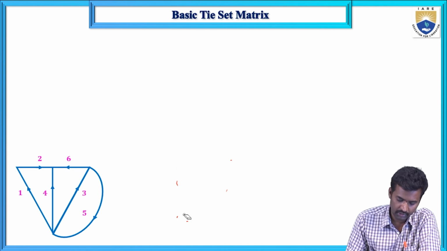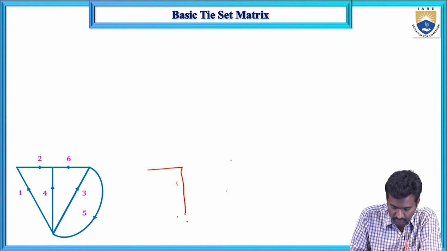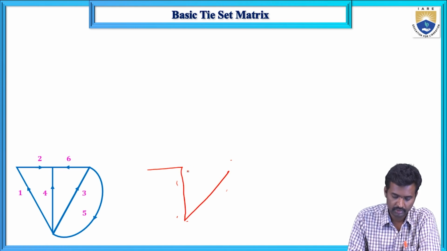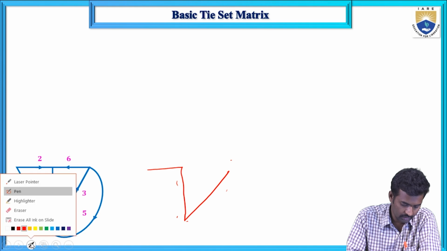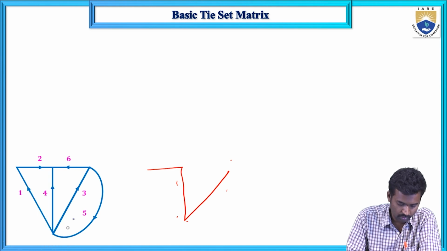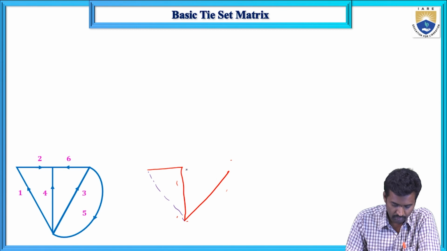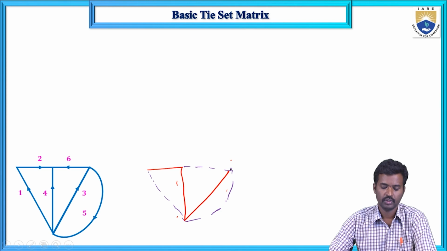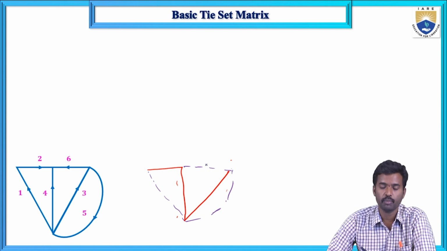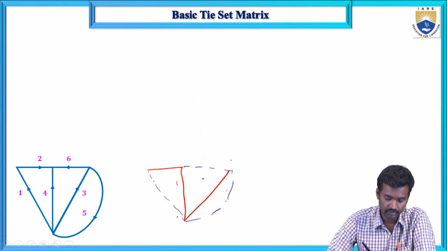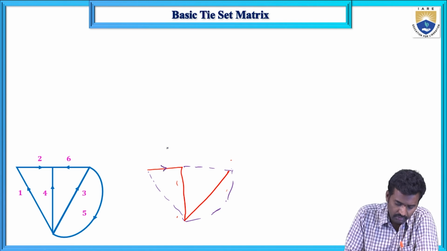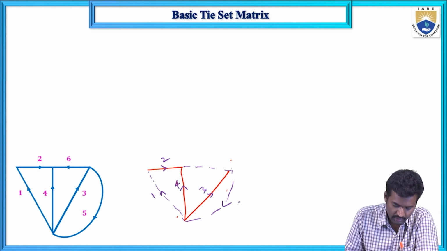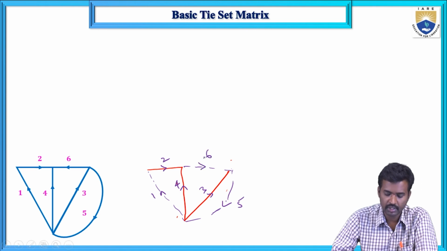The selection of tree is important; if you use this one, it is better. Let me change the color over here. This is one link, this is one link, and now it is correct. First, step 1 is to select one tree, and here this is 2, this is 1, this is 4, this is 3, this is 5, and this is 6.